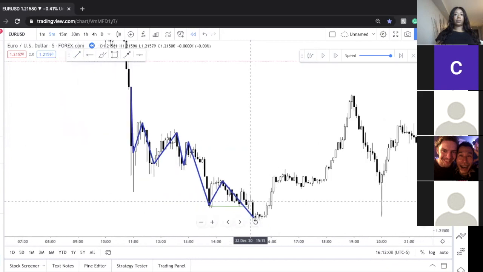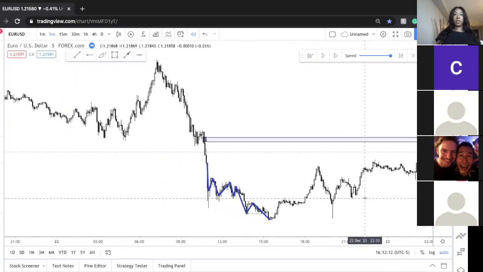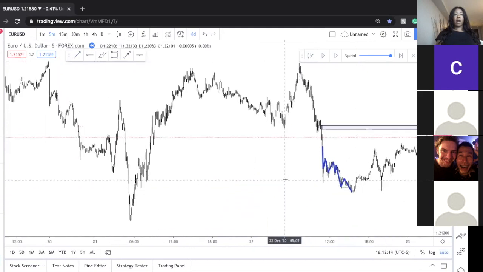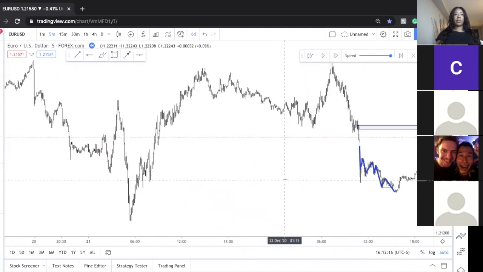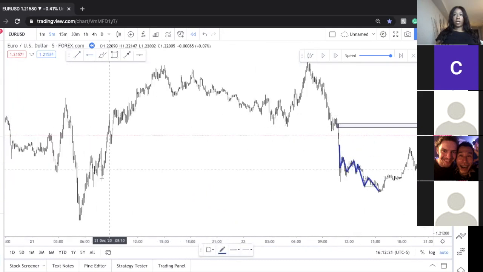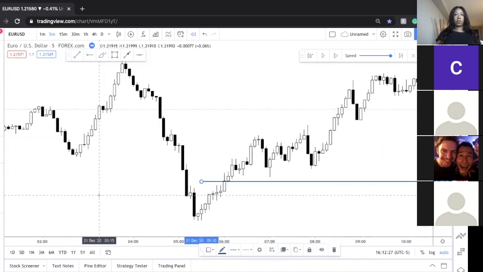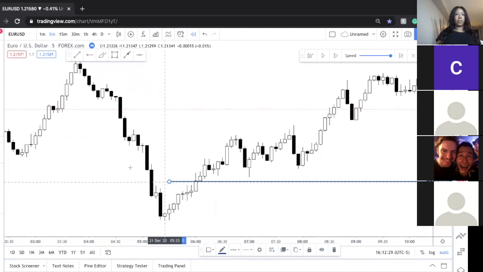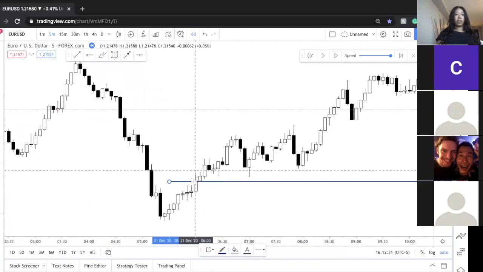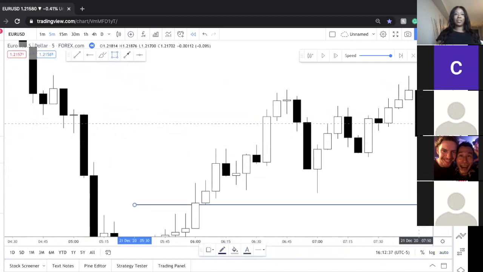Okay, now. I believe I was looking at this pair earlier with someone on my team. Over here, I believe, was also a point of interest. Okay, so right in here, from the top of this doji, let me zoom in, in case y'all are on your iPhones or something.